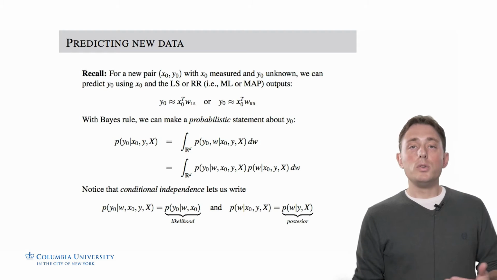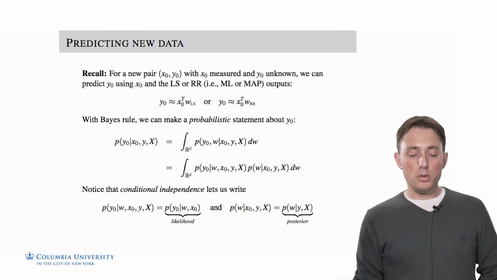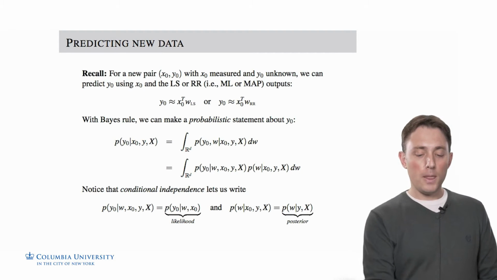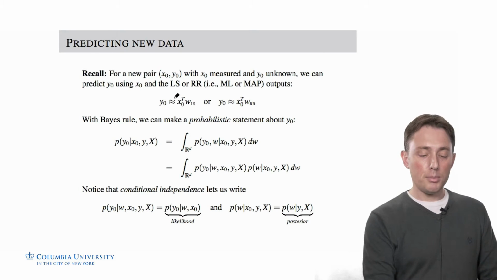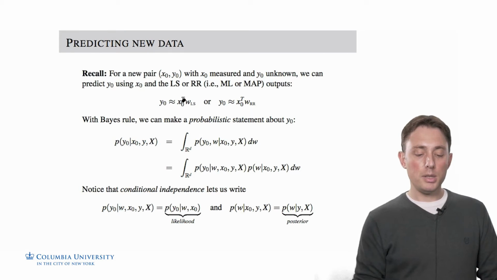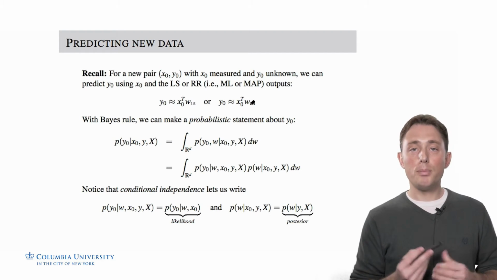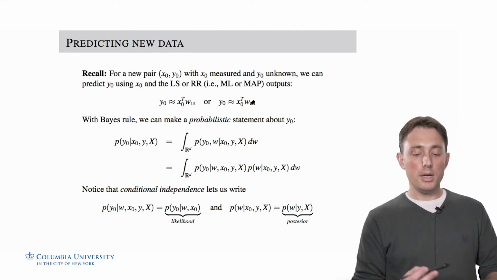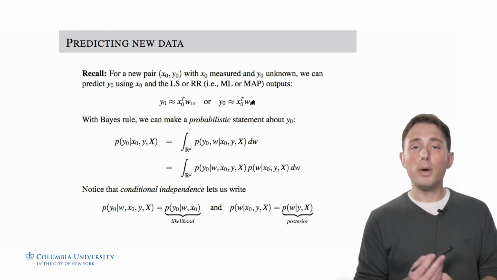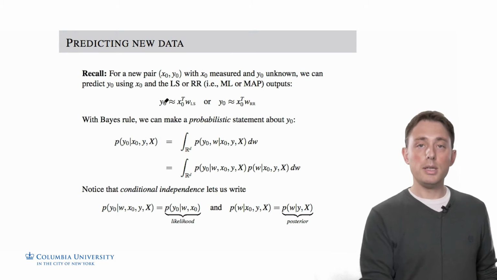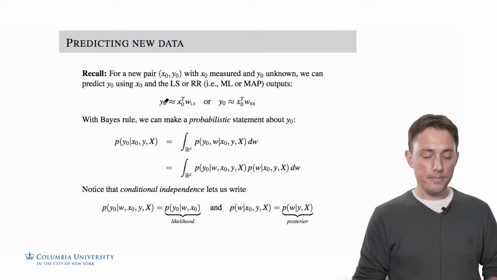We saw how using the least squares or ridge regression solutions, which correspond to the maximum likelihood or the MAP solutions, we simply say that y0 is approximately equal to the dot product between x0 and either the least squares solution or the ridge regression solution. In both cases, we have a point estimate of W, and so we give a point estimate of our prediction with no uncertainty about what we think y0 is.